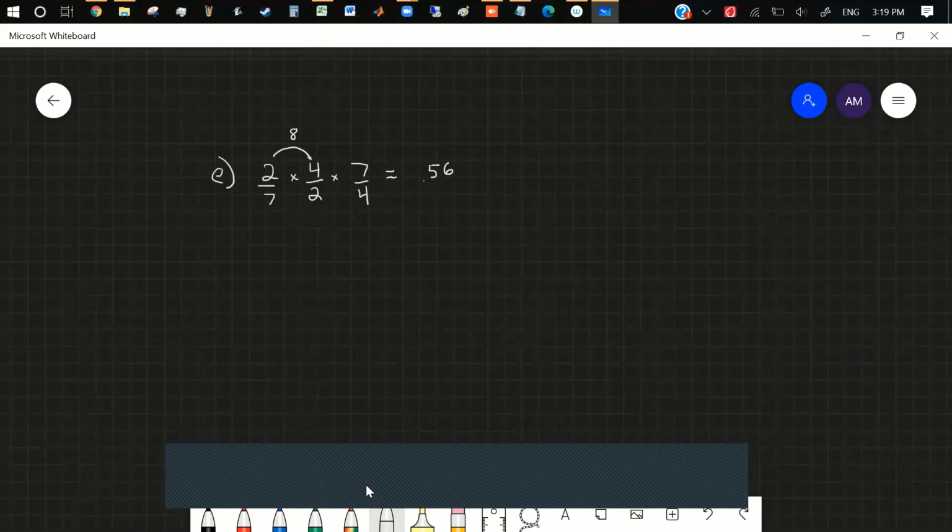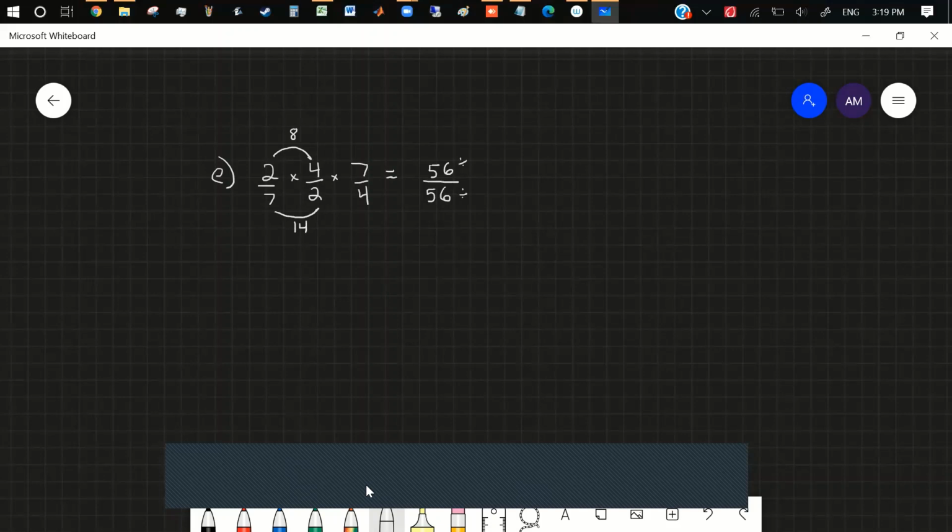Now let's try the denominators, the bottom numbers, and multiply all of them together as well. 7 times 2 is 14. 14 times 4 is, look at that, 56 again. If we wanted to reduce this fraction, we can think of some number that 56 can be divided by, and the same number that 56 can be divided by. So the top and bottom number need to be divided by the same number.